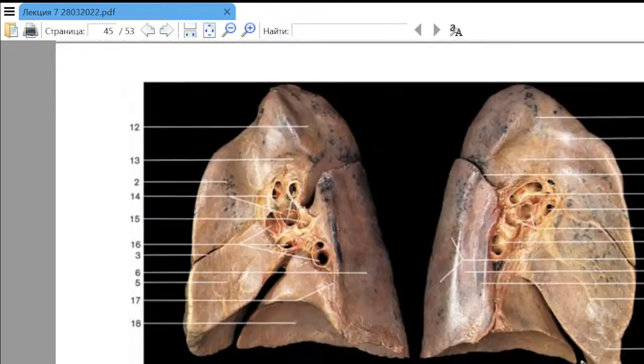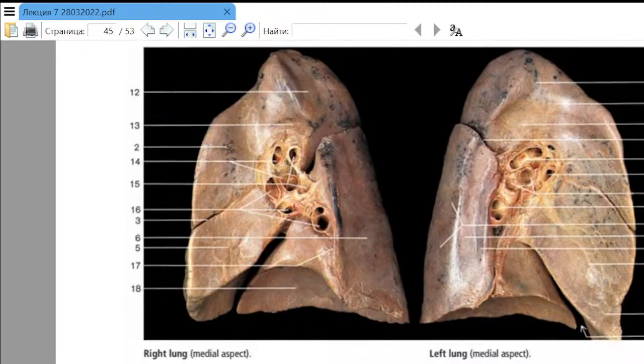What you see: lingula. This is the incisura.